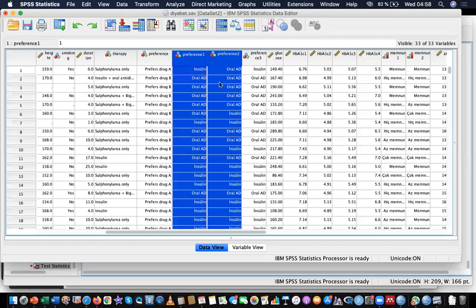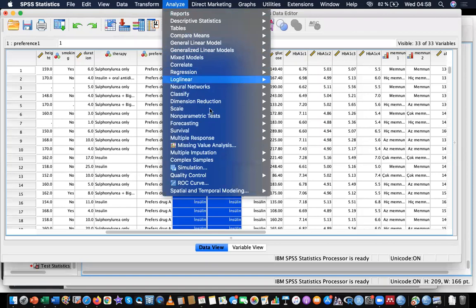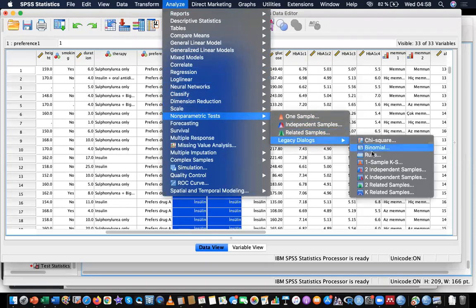Is there a significant difference between the patients having preference 1 changing to another preference? When I have this scenario, I have to do McNemar's test.